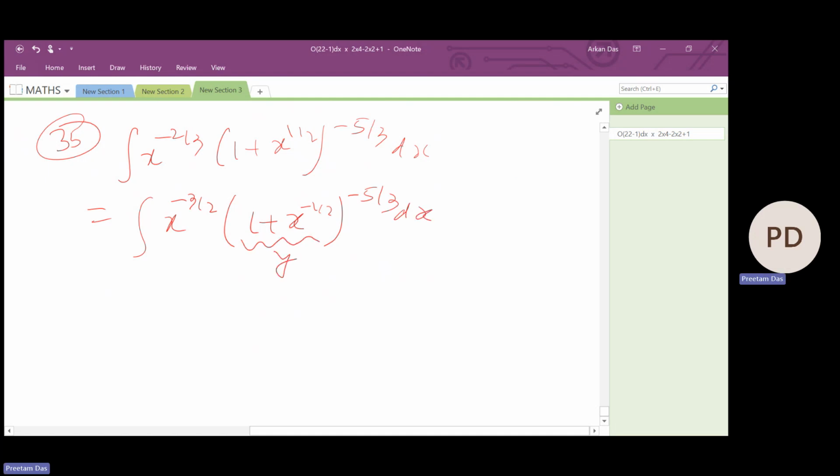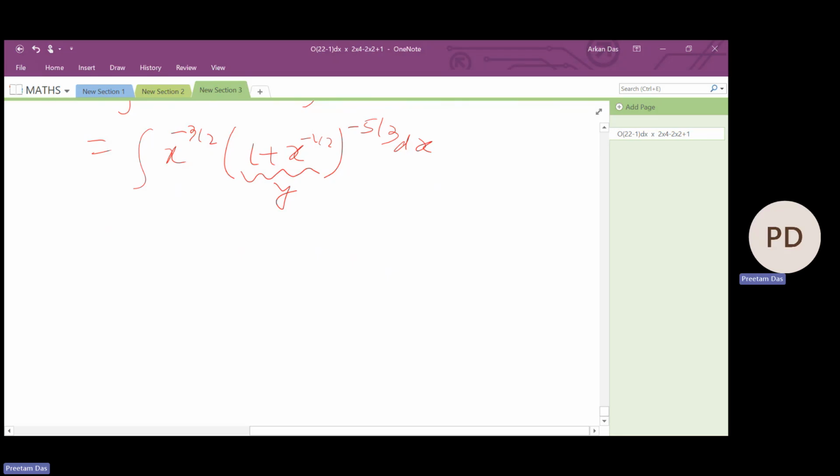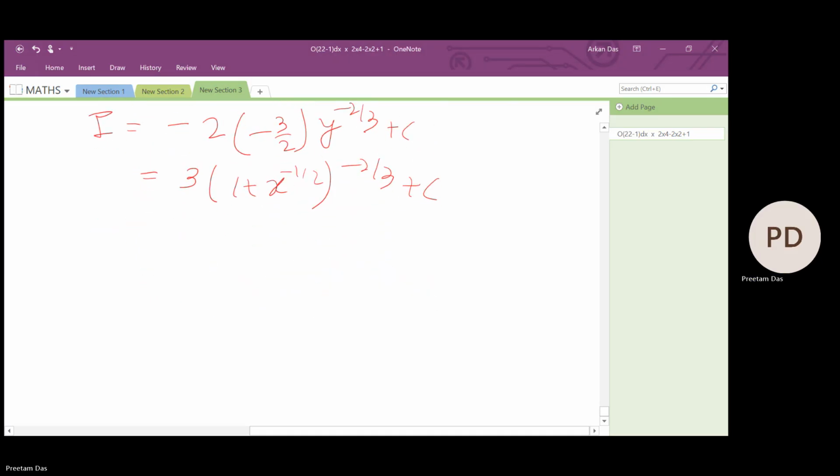Consider this as y. Finally integrate and you will get minus 2 and then minus 3 by 2 y raised to minus 2 by 3 plus c. So 3 into 1 plus x raised to minus half, minus 2 by 3, plus c. Option B.